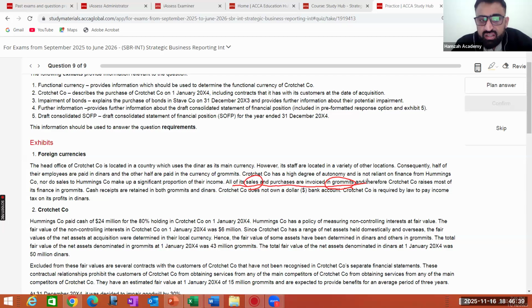We do sale in grommet currency. And if the C company needs finance, they raise the finance in grommets. Cash receipts are both in grommets and dollars. So evaluating these things, the majority of the factors are suggesting that the grommets should be the functional currency of the C company, not dinar, not dollar.